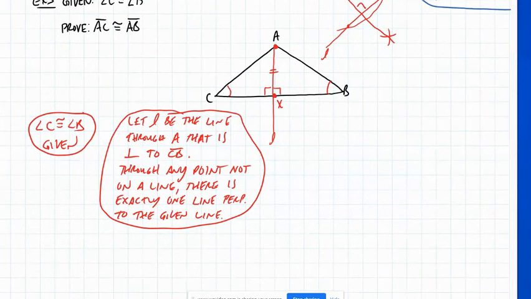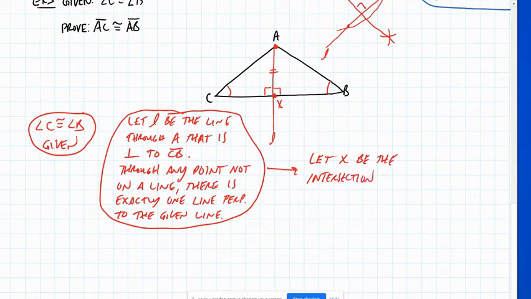Those 2 things are unrelated. That's why I don't have an arrow connecting them. And then we're going to say let X be the intersection of L and CB.